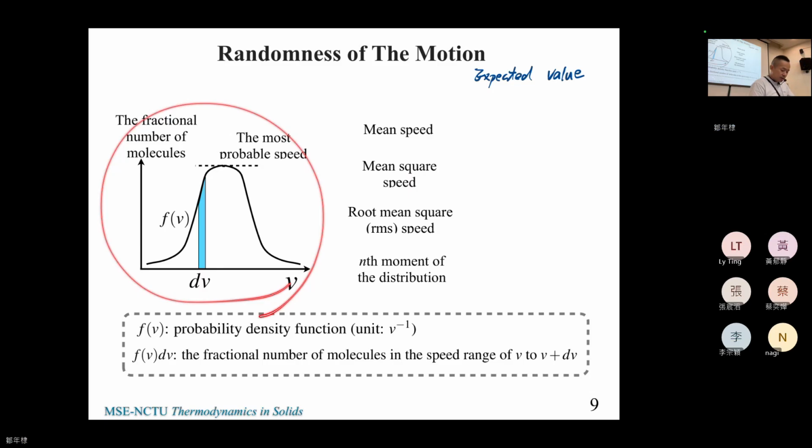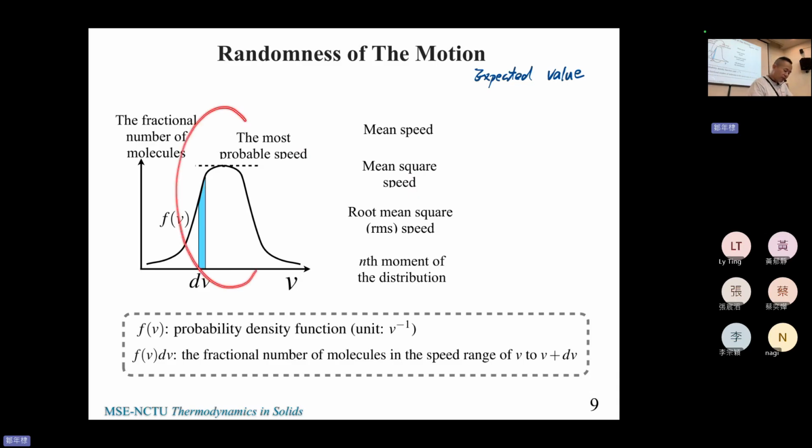Here is the velocity, v, low speed, high speed. Remember, notice that in the system, very, very small velocity is with a small amount. Very, very high speed with a small amount.